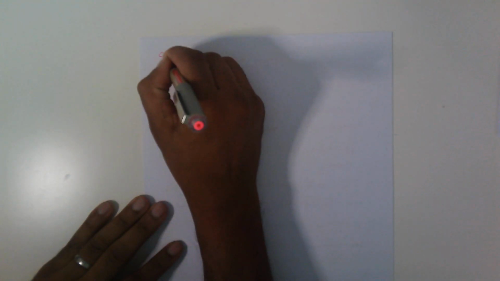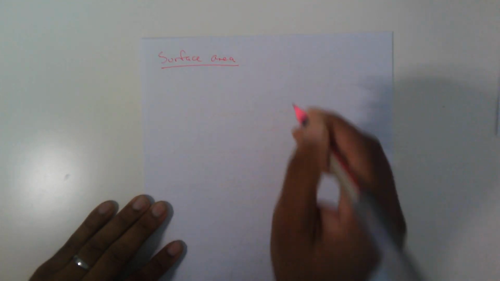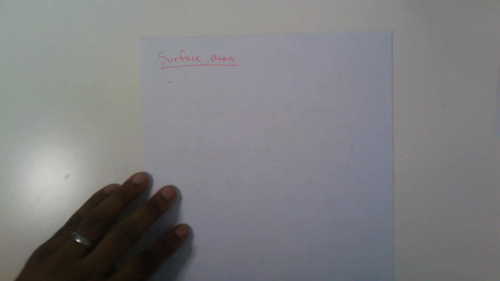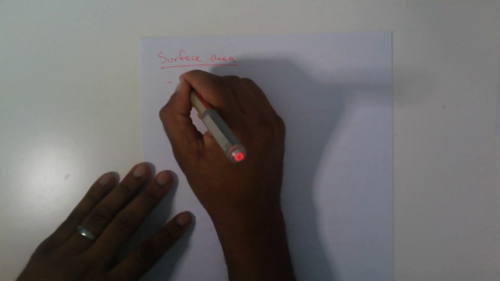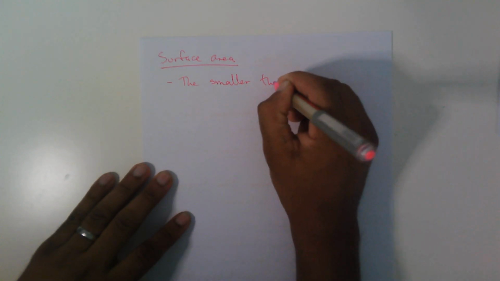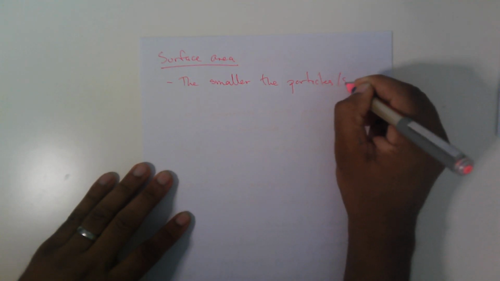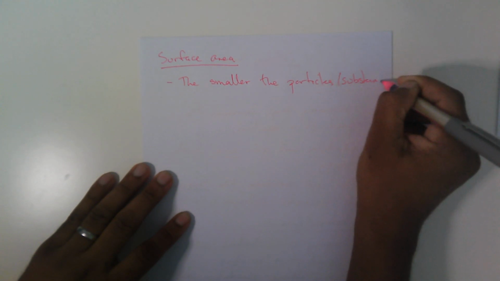The third variable we'll look at is surface area. So surface area, first of all, you need to just recognize the fact that the smaller the particles or substances, the larger the surface area.